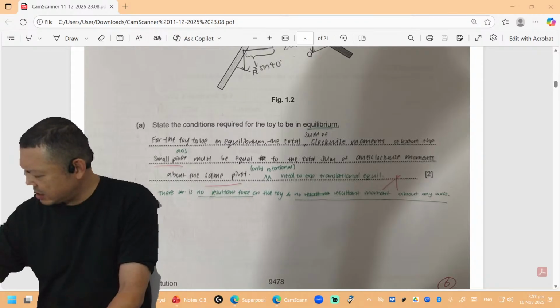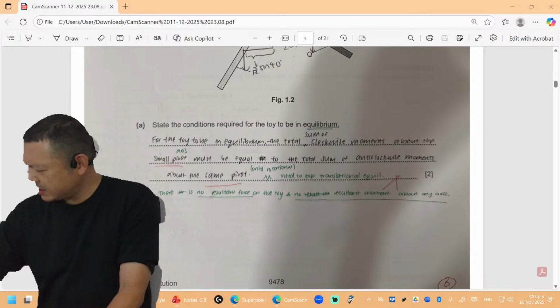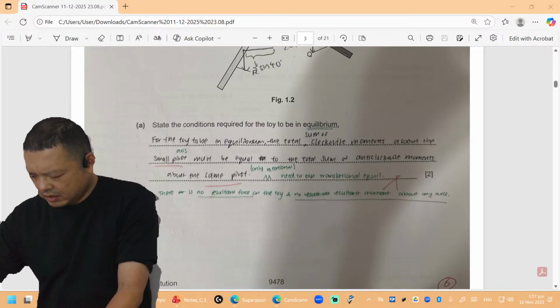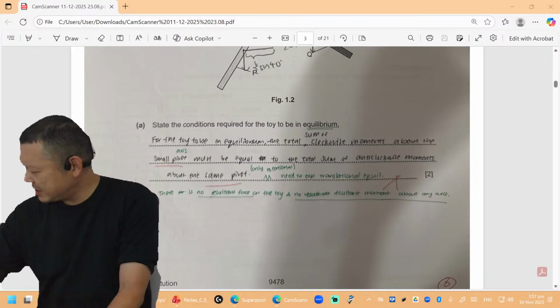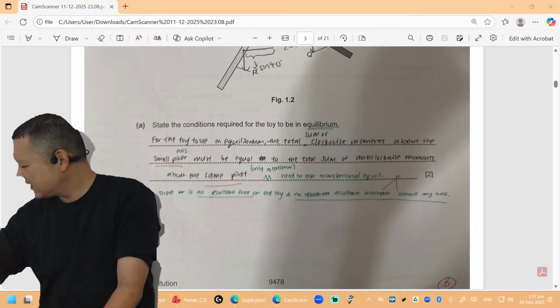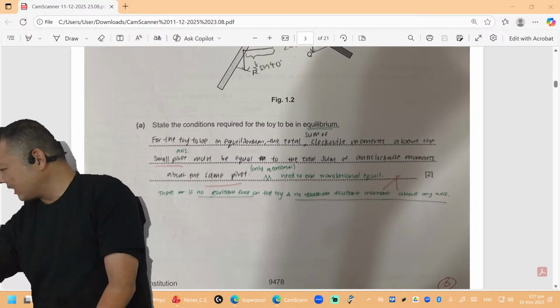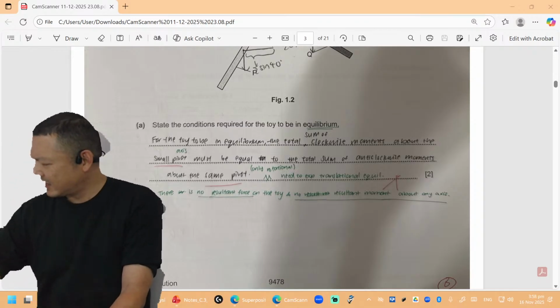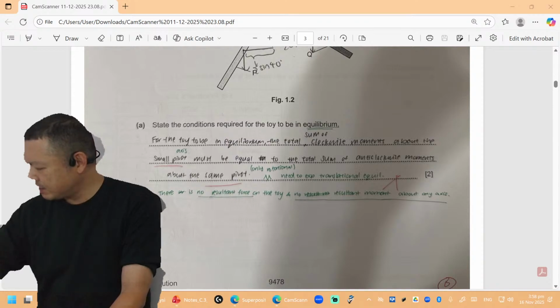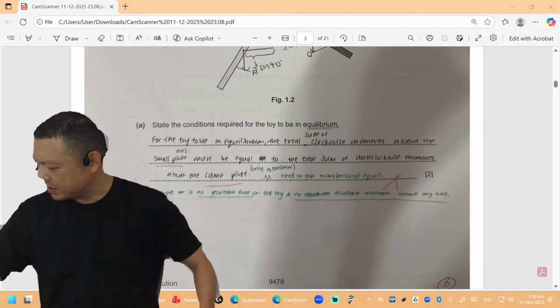Yeah, I don't see anything wrong with your answer. Do you think that could be the case? I don't know. I thought it's because I had to write clockwise moments and counterclockwise moments. Yeah, but the language is okay, right? Language is not a big thing. It's a bit ridiculous for them to mark you down based on the fact that you didn't write the word moments, but you did write clockwise and counterclockwise moments.